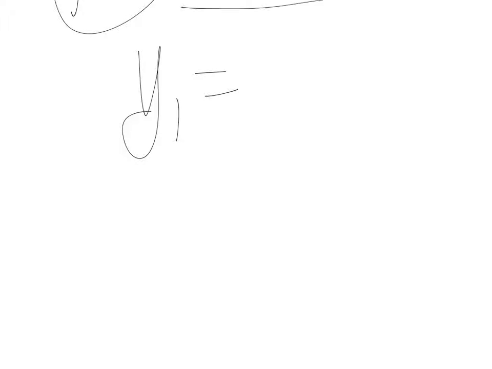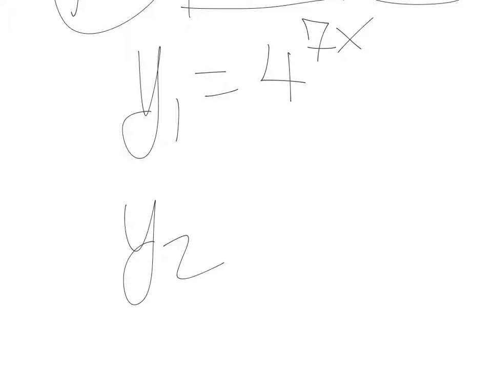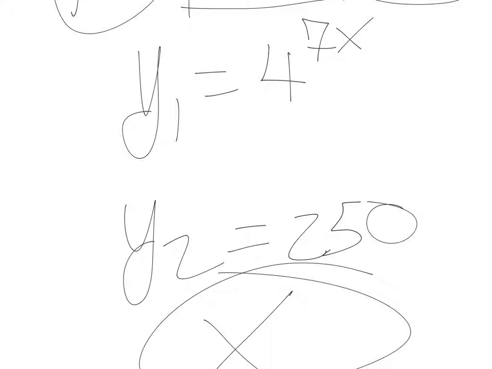Y1 is just going to be the whole left side, 4 to the 7x, and y2 is just going to be the right side, 250. When you graph these, just scroll out and you'll see a point where they intersect. Wherever that point of intersection is, whatever your x value is there, that's your answer. So you get x equals whatever your point of intersection is.